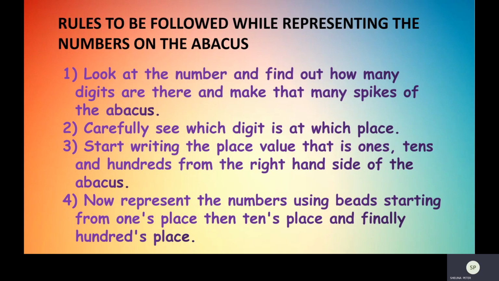Third, start writing the place values, that is ones, tens and hundreds, from the right hand side of the abacus. And fourth, represent the numbers using beads, starting from ones place, then tens place, and finally hundreds place. Now let us look at some examples, and that will be more clear to you.